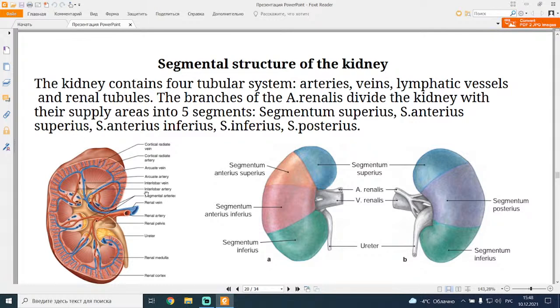What do you see? Segmentum superius, segmentum anterius, segmentum posterius, and segmentum inferius. The kidney has 5 segments.